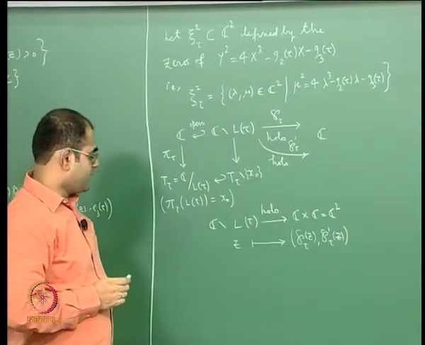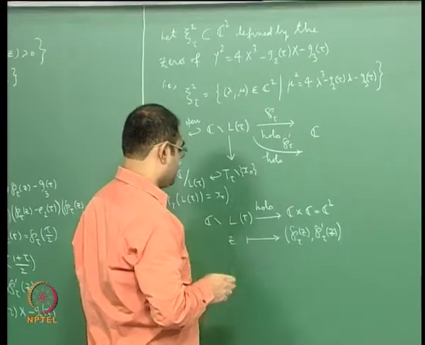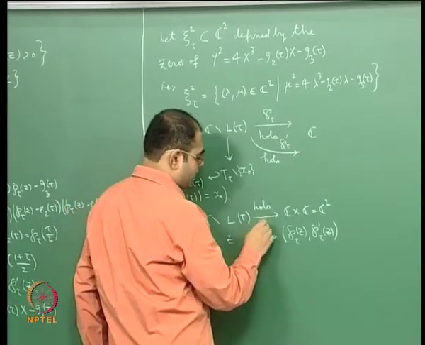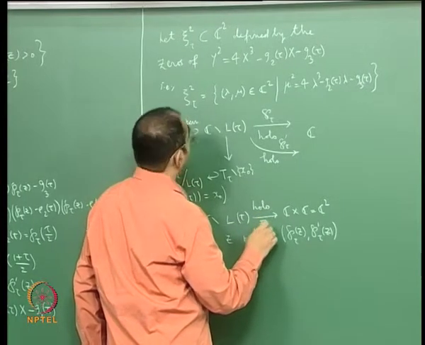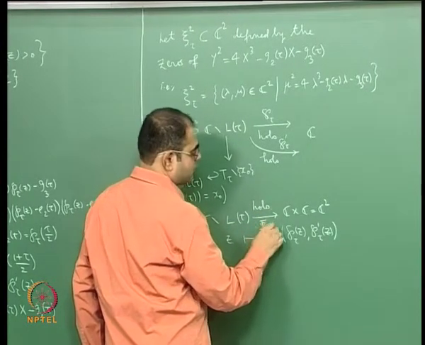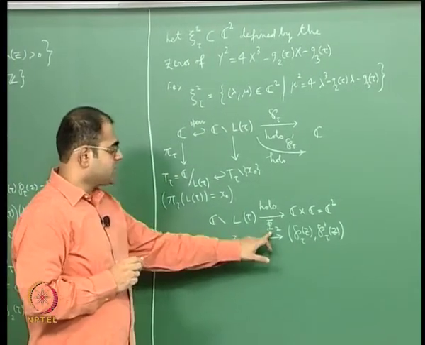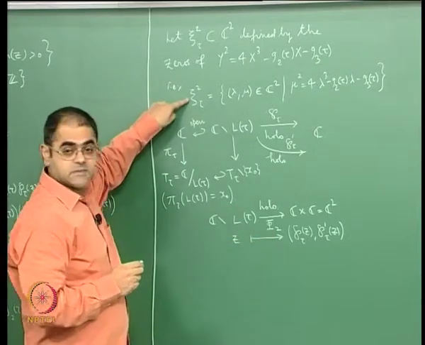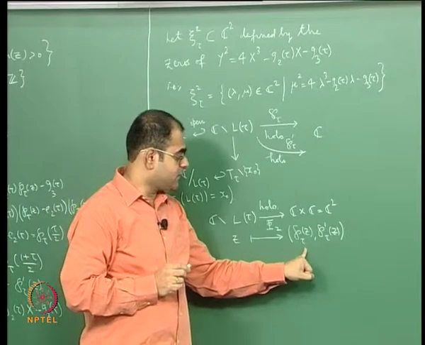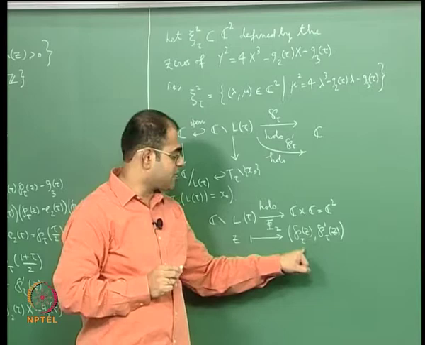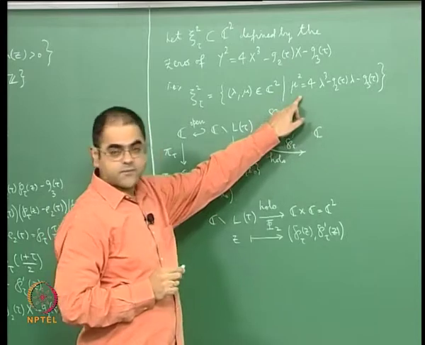Okay, and you know the point is that, if you call this map phi sub 2, then it is very clear that the image of this map goes into this subset. Okay, because if I call the first variable lambda and the second variable mu, then because of the differential equation lambda and mu will satisfy this condition.